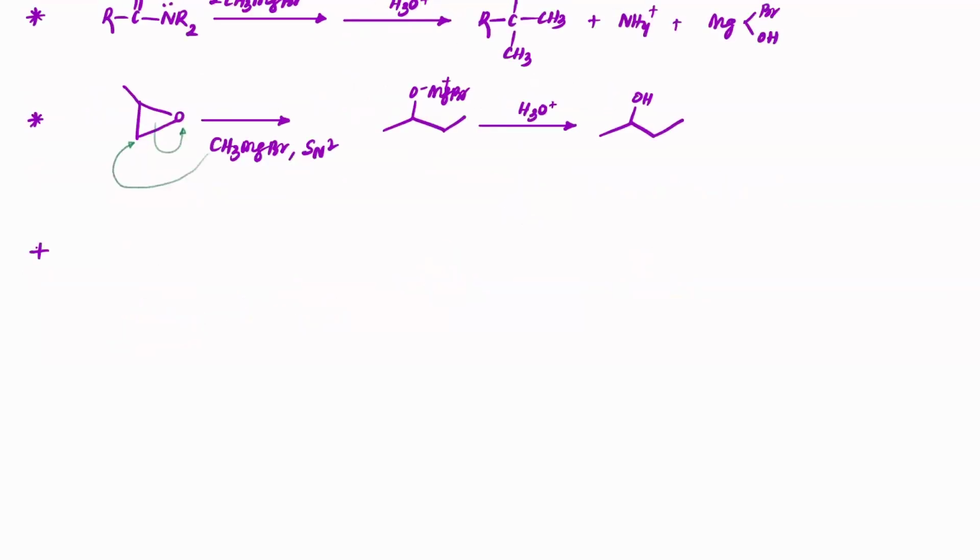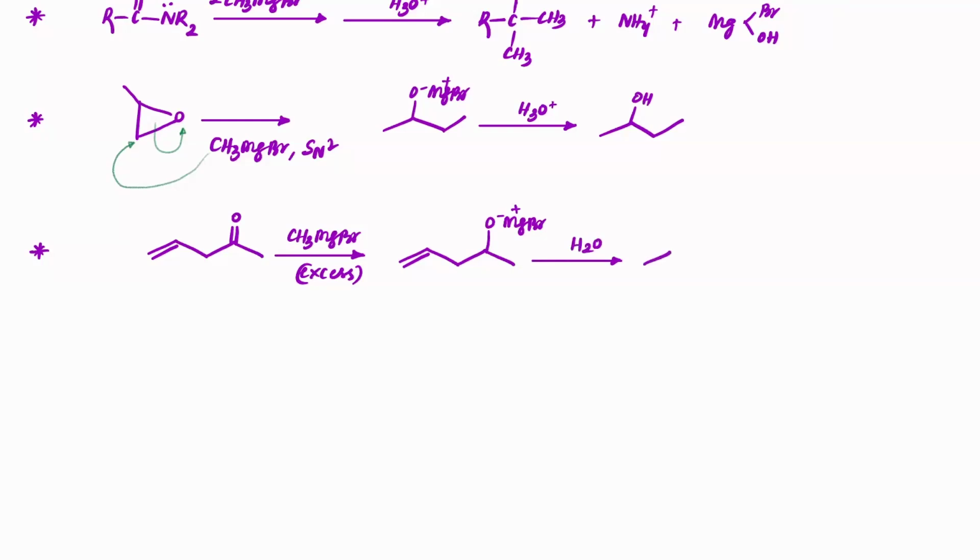Now, a few important factors of RMgX that we need to know is that in case you have an isolated double bond here like this, a C=O and a double bond here, and then you treat with CH3MgBr in excess, still the double bond does not get affected. The double bond is not reactive in this case, and this will form O minus MgBr plus, and that on simple hydrolysis will give you alcohol.